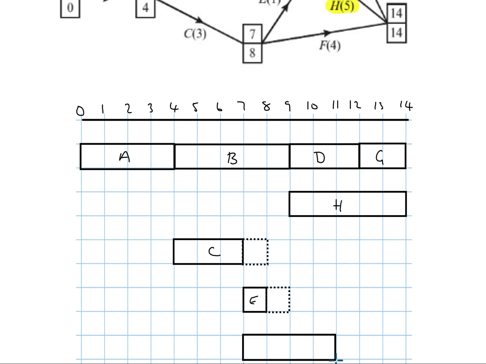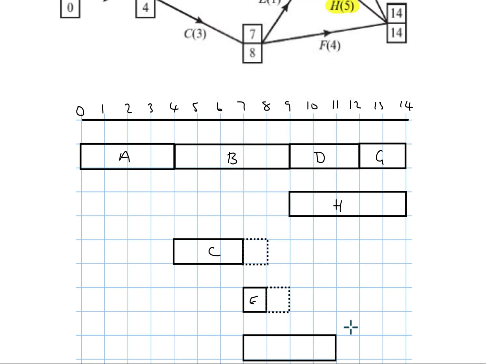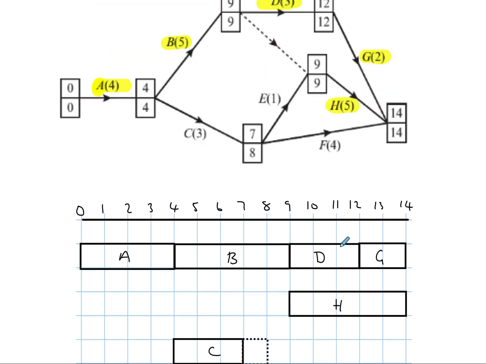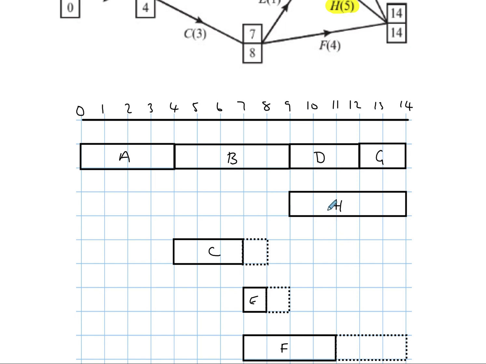However, it can be finished as late as time 14, so F has 3 hours of slack or float. And we've already dealt with H, in fact. H was a critical activity, so H is up here.